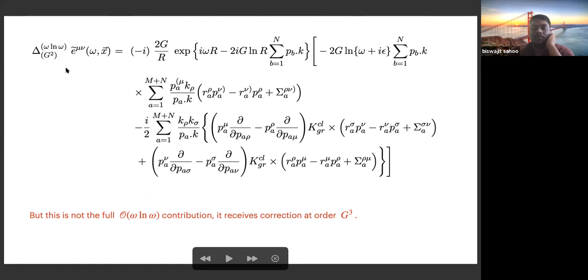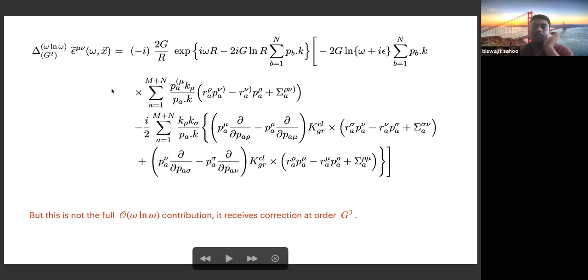But this is not the full contribution, because it will receive contribution from order g cube. To determine the spin dependent gravitational waveform, it is not just universal or completely determined at g square order, but it will receive corrections from higher orders.